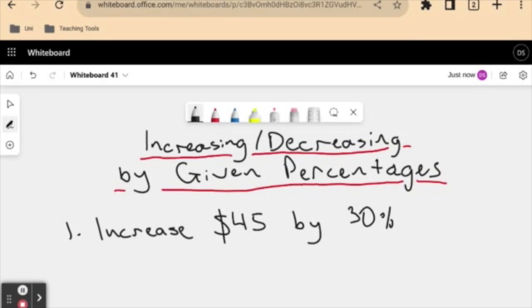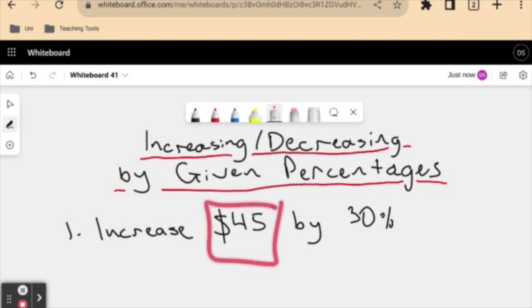Now, before we even get to this, let's just make one observation. Now, when we looked at percentages of a quantity, we looked at some whole number, this, and we applied some kind of percentage thing to it, right?